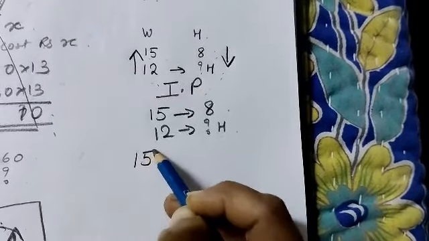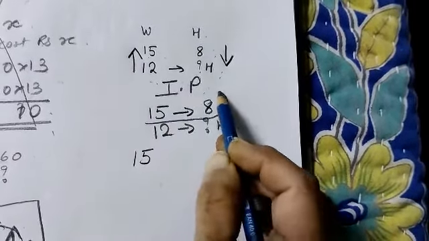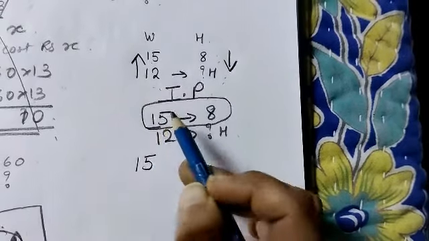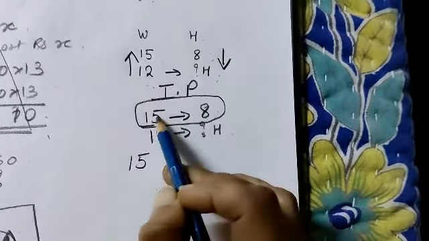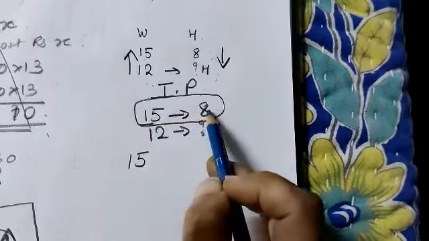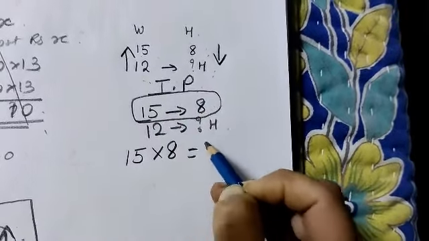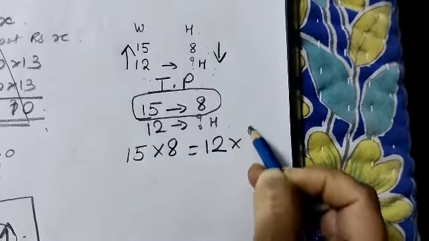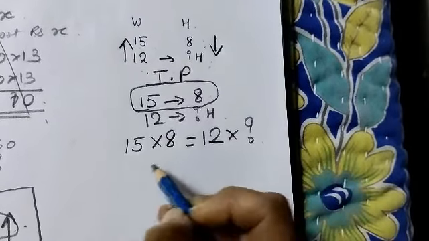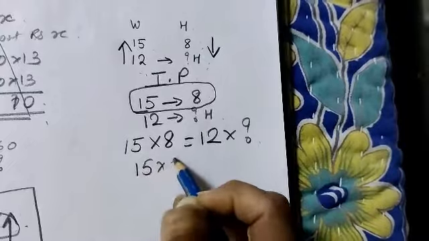In inverse proportion, the full information that we have of worker and hour, that is the complete information: 15 workers, 8 hours. That gets multiplied and is equal to 12 workers, how many hours? And then we solve it.